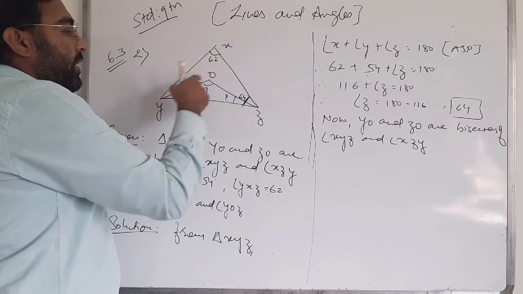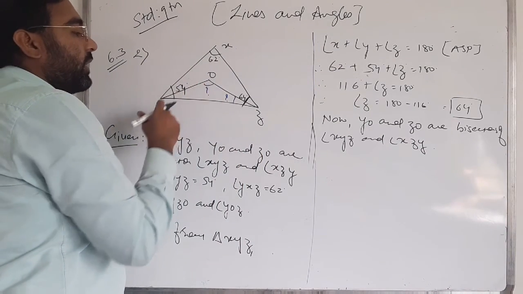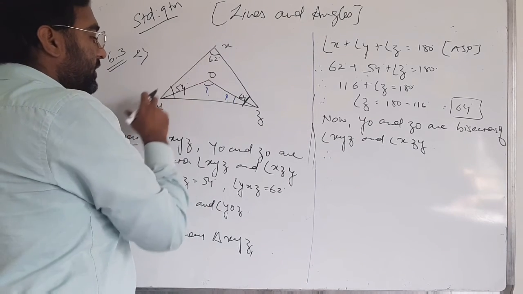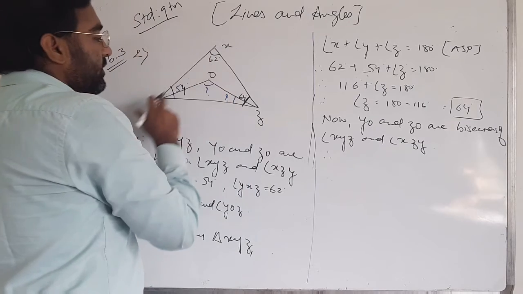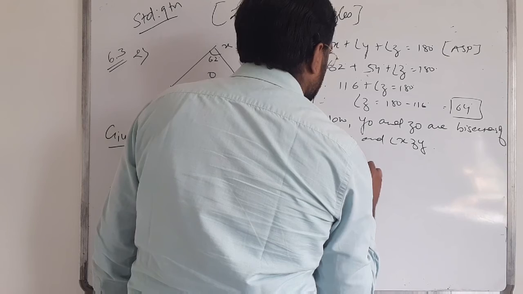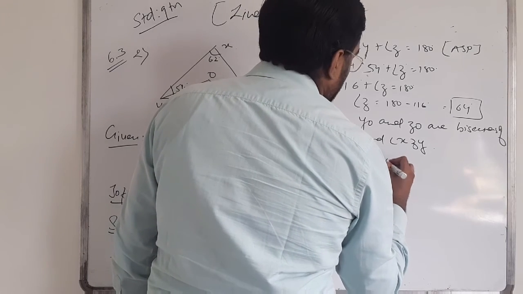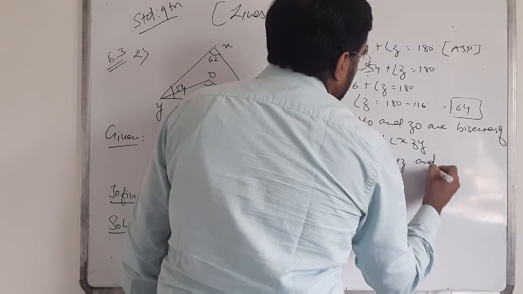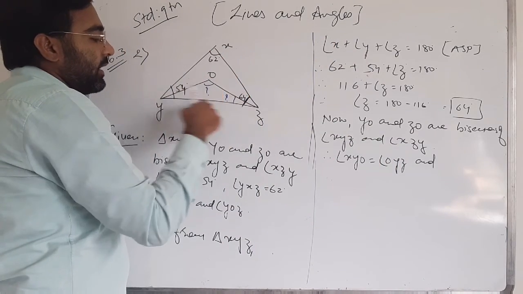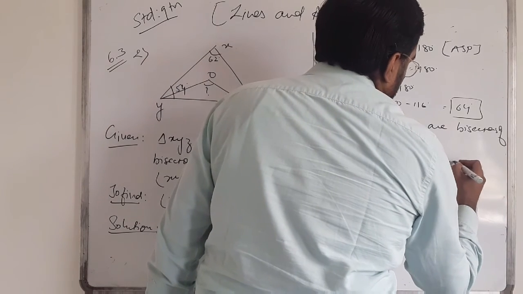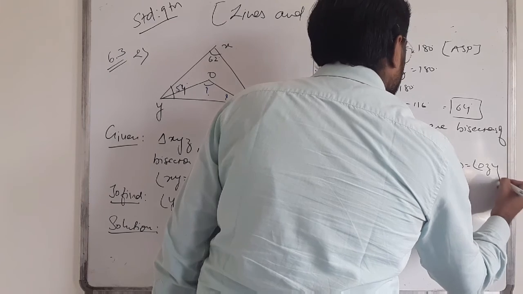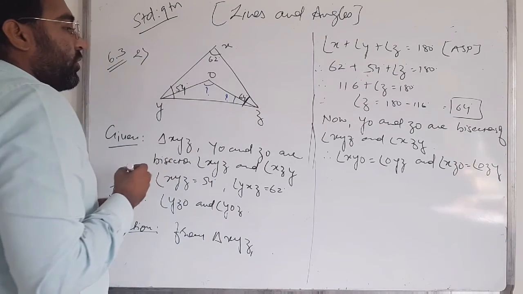Since they are bisectors, angle XYO is equal to angle OYZ, and angle XZO is equal to angle OZY.